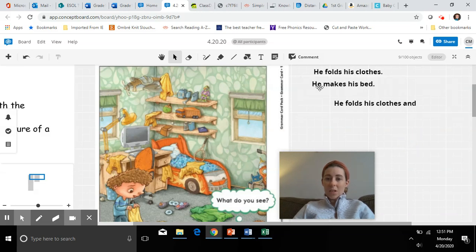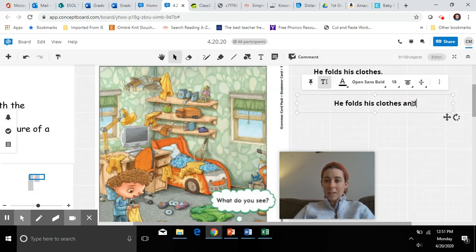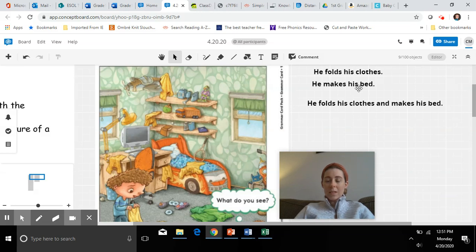And then I don't have to use he again, okay, because we already know that our subject of the sentence is he. So we can just put and makes his bed. We took 2 sentences and we connected them together with and to make one sentence.